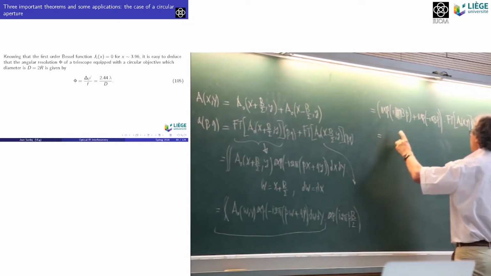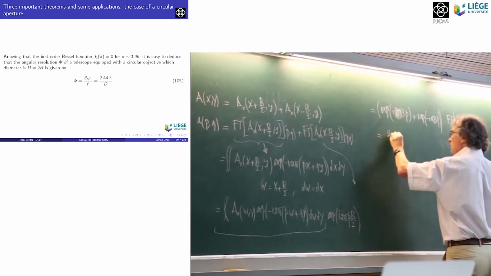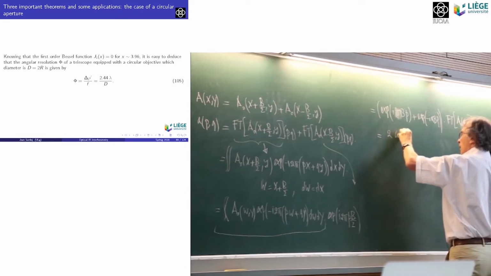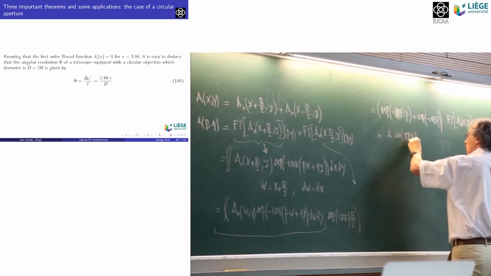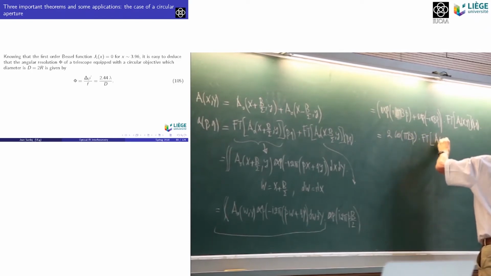Now this may simplify as follows: this will be 2 times the cosine of pi B p multiplied by the Fourier transform of A0 of xy, which depends on p, q.